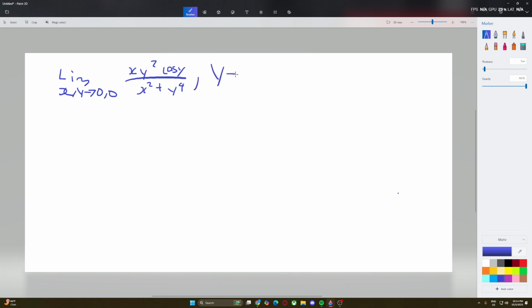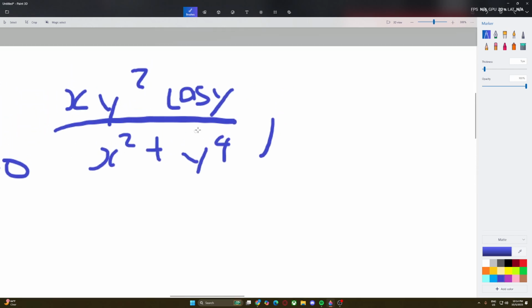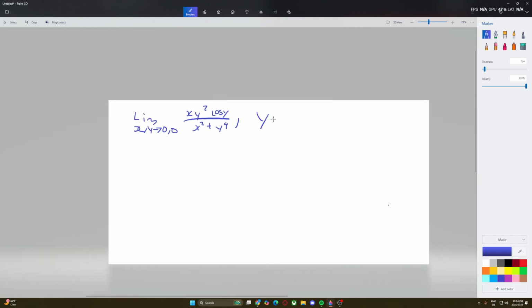So let's try y equals mx squared. Well, actually no, I did it a different way. Here's my logic behind it. You have to think before you substitute. The problem was that y to the 4th was a very annoying term for finding a general case, because most often when you plug in y equals mx or other types of paths, you get the same limit, probably 0.